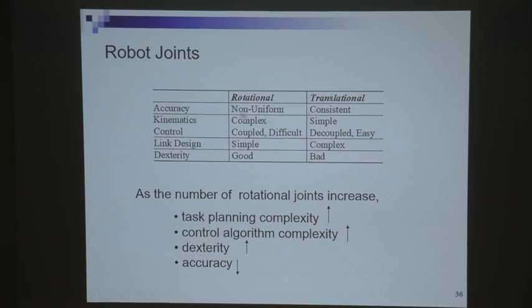For a rotational joint, the kinematic control will be more complex and difficult, while a translational joint has simple control and is relatively easy. The link design for rotational will be simple, while translational can be complex. The dexterity for rotational will be good, while for translational it will be bad. So this is a general comparison, a typical consideration when you choose a rotational or translational joint.